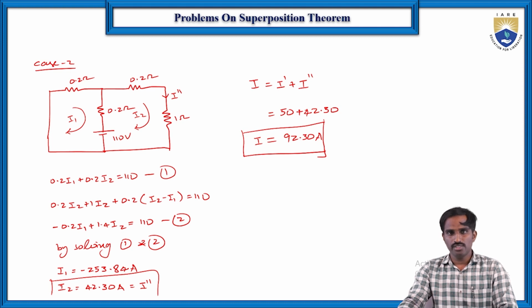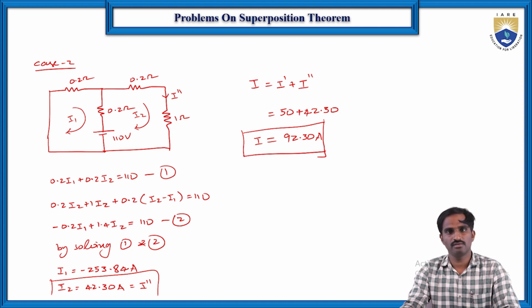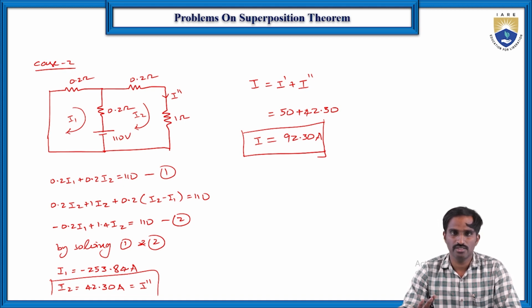So here there are two things that we can understand. One is, of course, for any circuit the procedure is the same, okay, but when you are going for case 1 and case 2, here it is a simple circuit. So for that particular circuit there is no rule like you should apply only the node analysis, or only the mesh analysis, or only the current division rule.